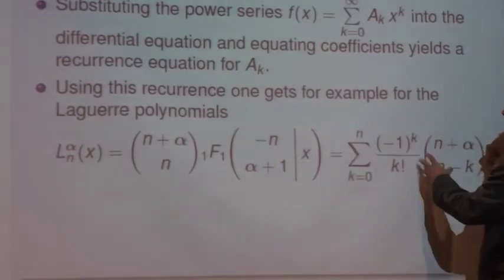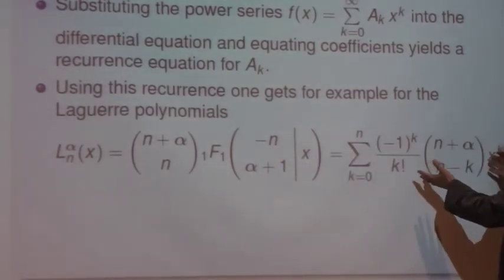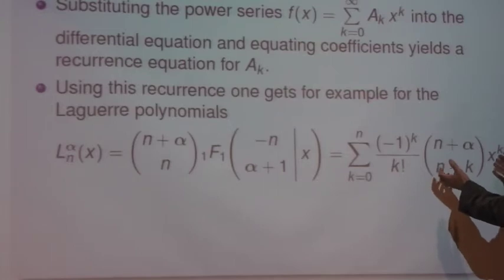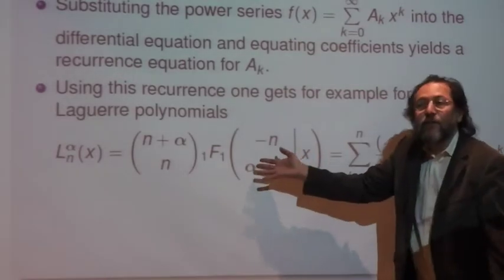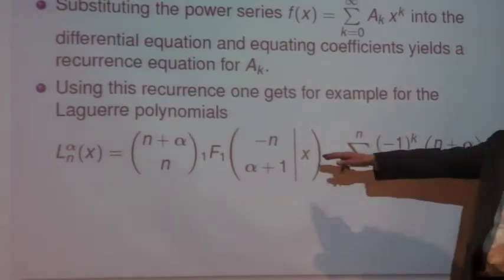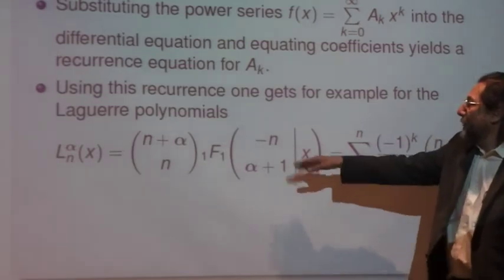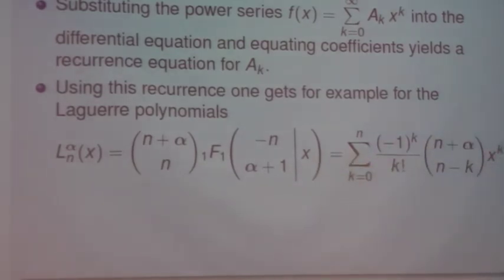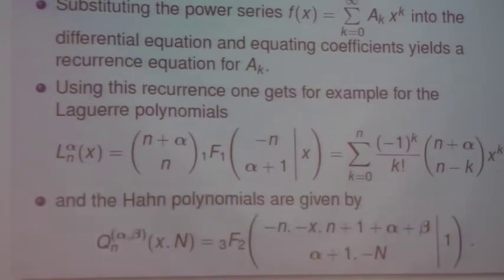If you have the sum and use the formula for the coefficient here, you can easily find out that this function here, because a_{k+1} divided by a_k is exactly what you have here, namely, I don't write it down now, but you can read off these coefficients directly. Now, this is not only the case for the classical continuous, but also in the classical discrete cases, we always get hypergeometric functions.